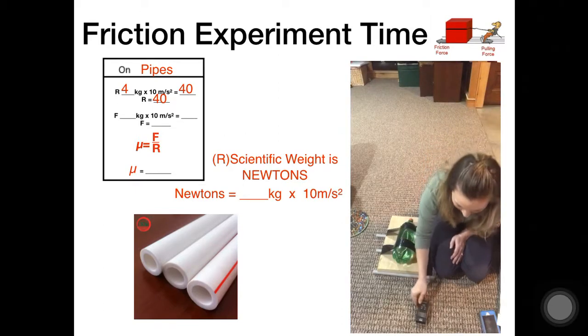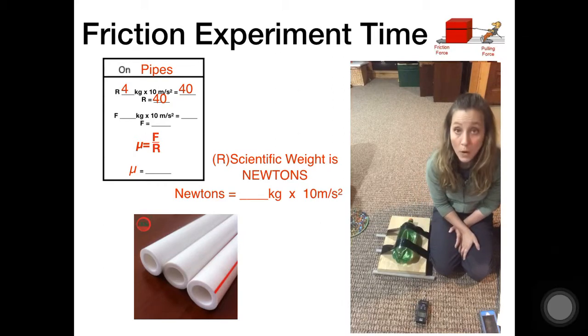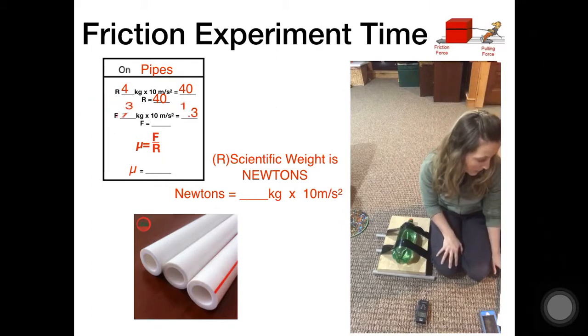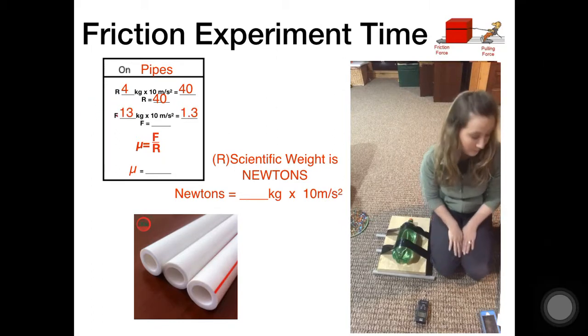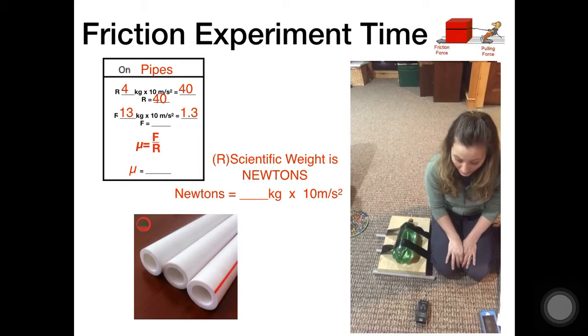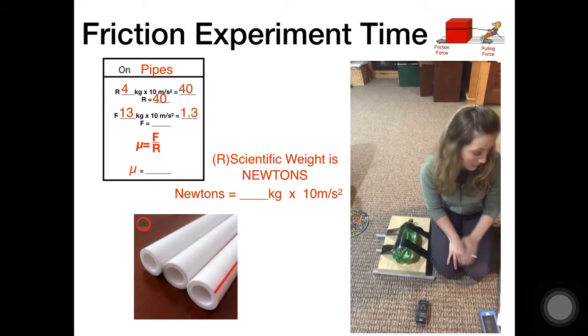So 0.13, when we move the decimal point, we are going to get 1.3. So 0.13 kilograms times 10 is 1.3. So our F is 1.3.